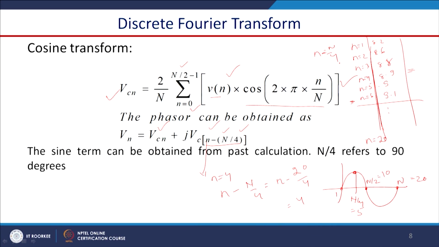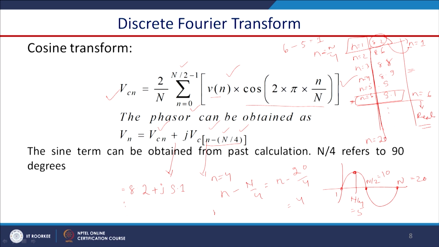So, here is my n minus n by 4, that is 6 minus 5, equal to 1. So, this sample should be taken into consideration. If I am starting from here, n is equal to 6 is for my real part sample value, and for the imaginary part my sample position will be 1, and 8.2 is the corresponding sample value. So for n is equal to 6, it should be 8.2 plus j 9.1 and so on.